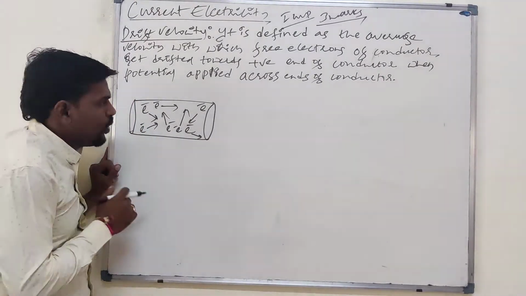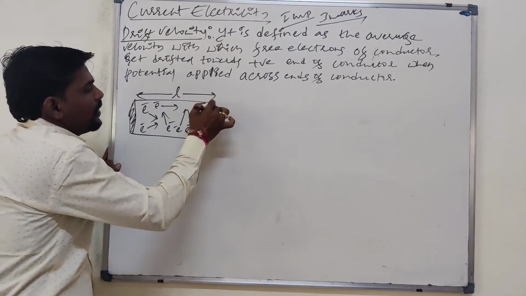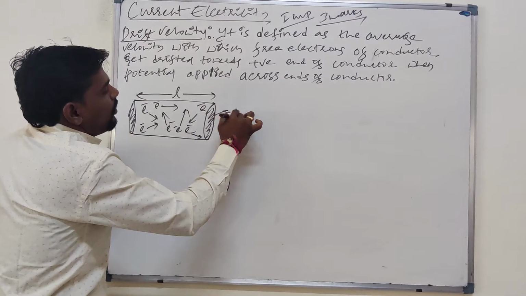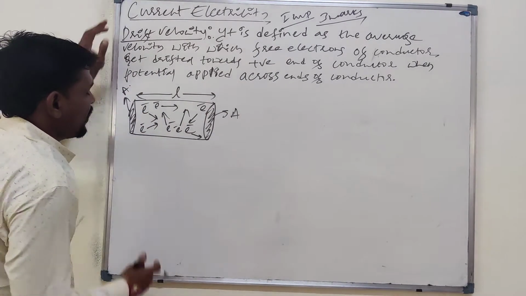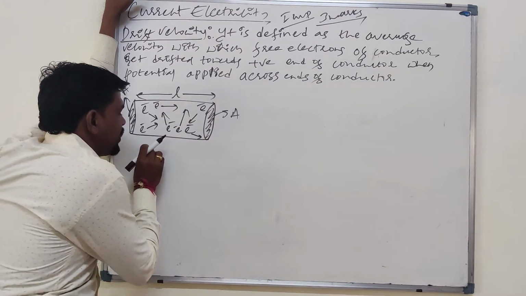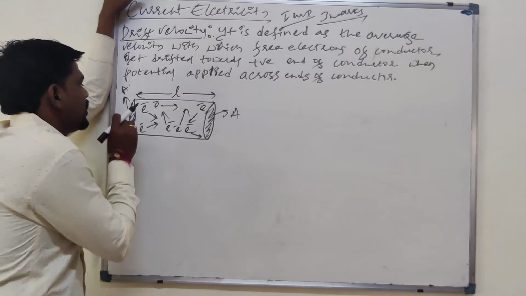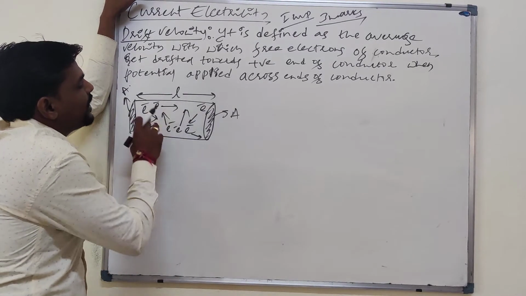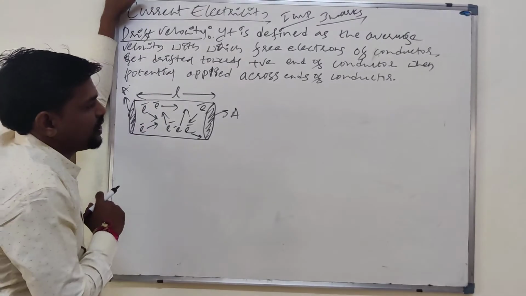In this, what happens: this is the length of the conductor, and this is the area of the conductor, also called the cross-sectional area of the conductor. See, normally, as we just discussed, in this conductor there are so many free electrons moving with random motion. Right.